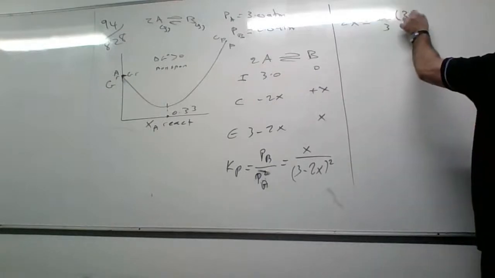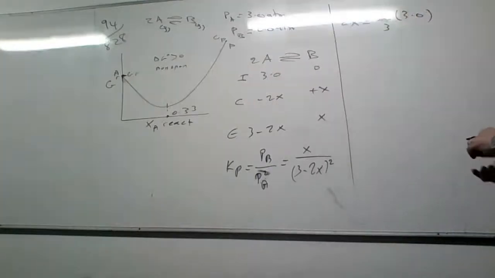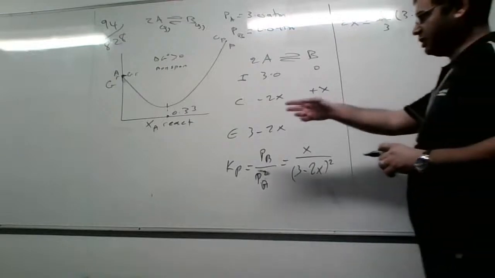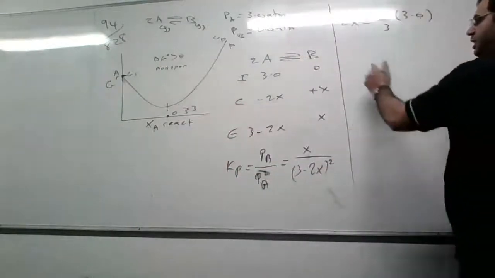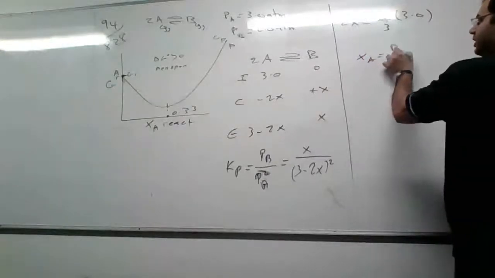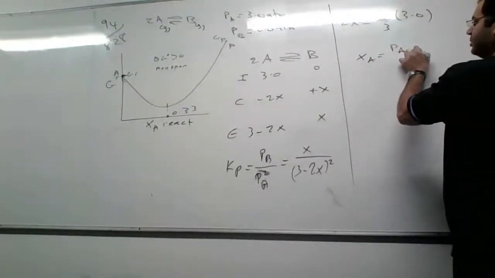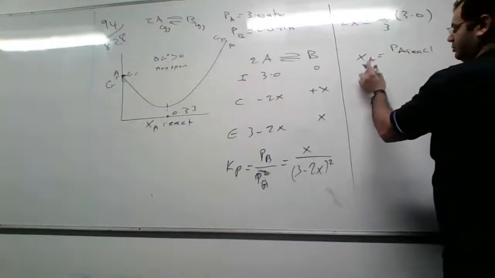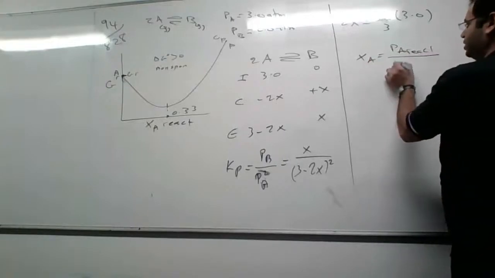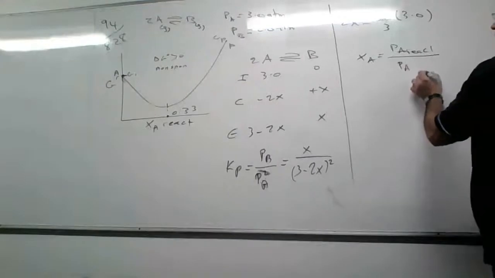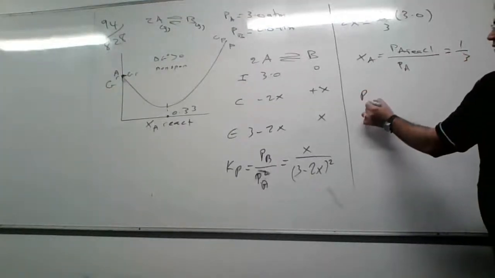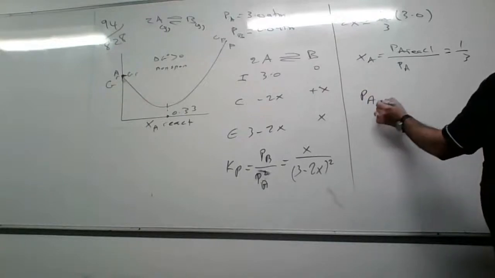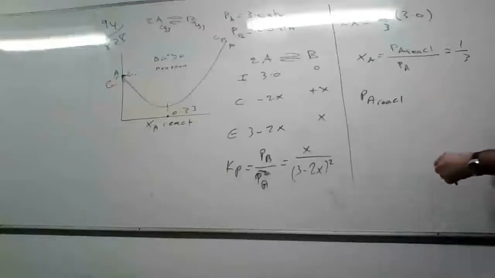That's 3.0. 0.33 of A reacts. يعني XA, pressure of A اللي هو react على pressure of A original is equal to 1/3. So pressure of A react هو الX يعني بهذا الشكل.